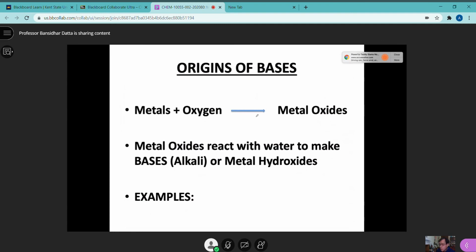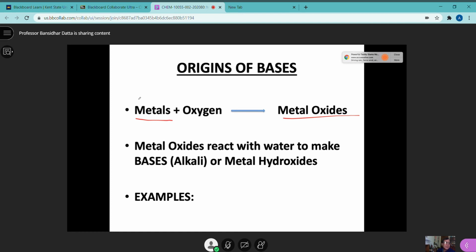All right. So the origin of bases is as follows: metals, groups 1A, 2A, 3A, and to some extent transition metals. Metals plus oxygen make metal oxides, and we have seen it: Na2O, Li2O, K2O, MgO, magnesium oxide.